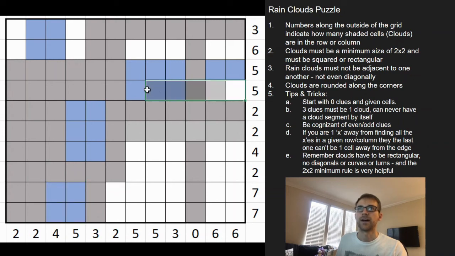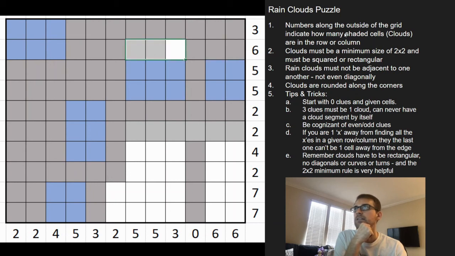And now this 5 clue means that these 2 have to be shaded. This 2 means that these 2 have to be shaded. This 5 is solved, so this cloud cannot go any further. This 6, we have 3, we need another 3, so it can't be these 2. It's got to be these 3 like that.